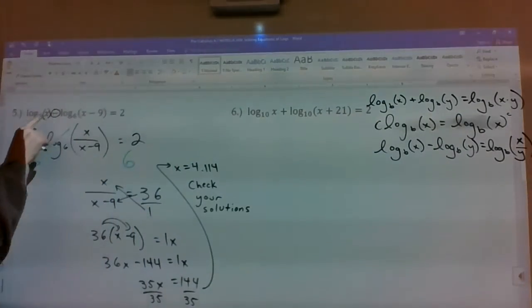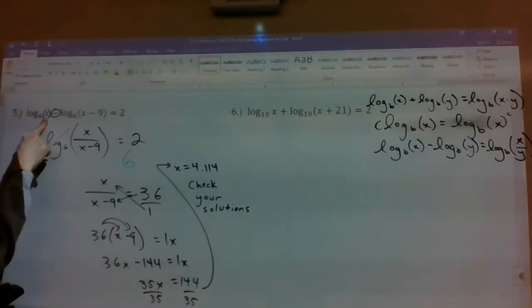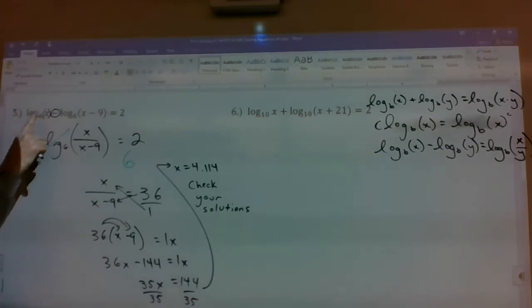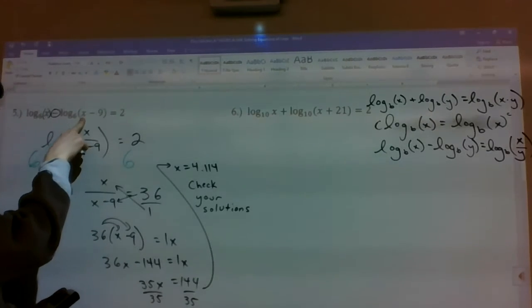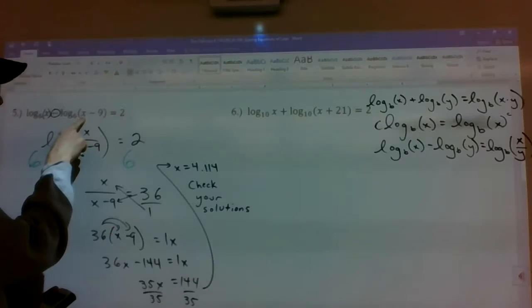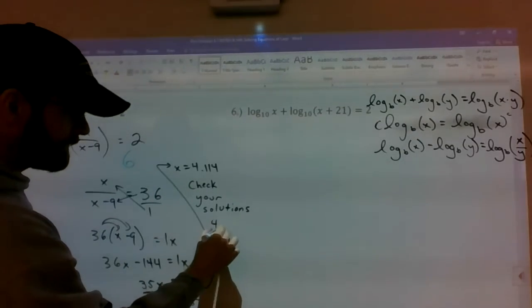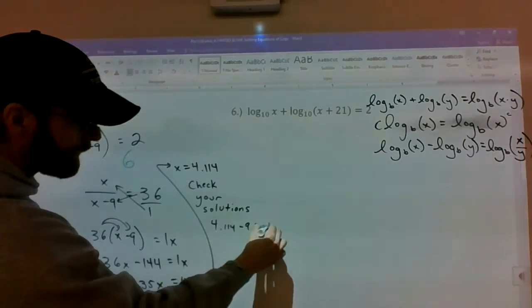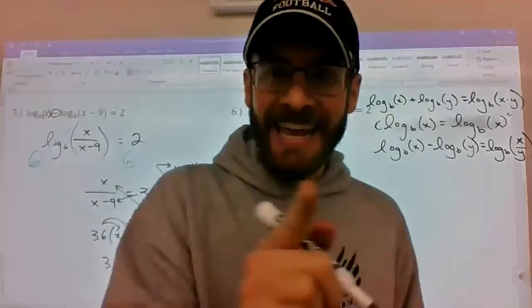4.114. Plug it in. Does it create a negative for my first log? No. 4.114 is positive. Does it create a negative inside my second log? Oh, it sure does. 4 point something minus 9, 4.114 minus 9 equals a negative number. It's a negative number inside the log. Can't happen.